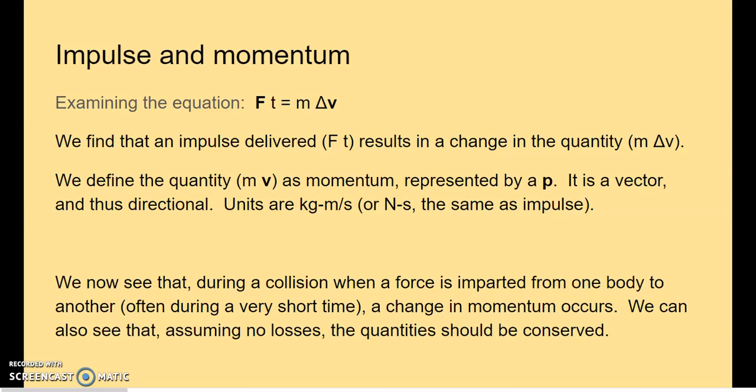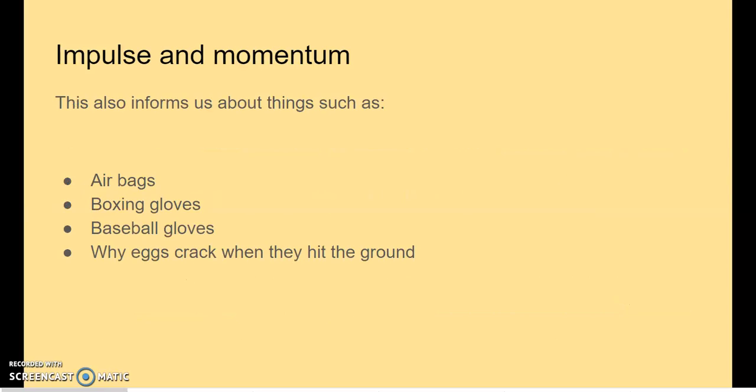So, we can also see that if no losses occur, then the quantities should be conserved. That is to say that the impulse is translated into a momentum, or another way to think about it is by saying the momentum before and after has to be exactly the same.